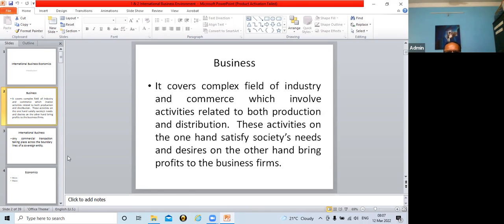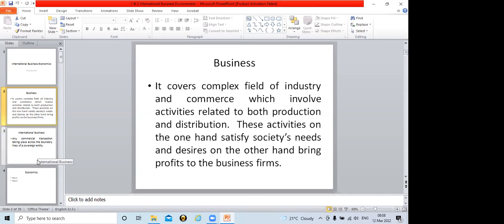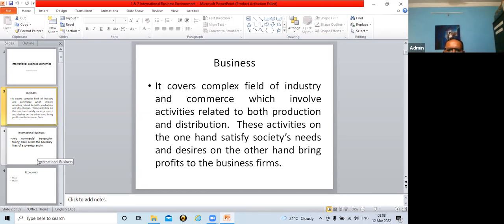And you will also agree with this meaning of business. Do you agree with this? Or is it something else? Hello? You agree with this? Because in business, we want to satisfy customer needs. At the same time, we want to earn profit.